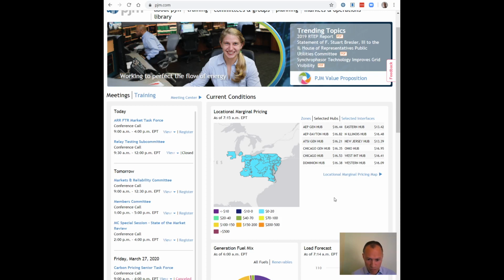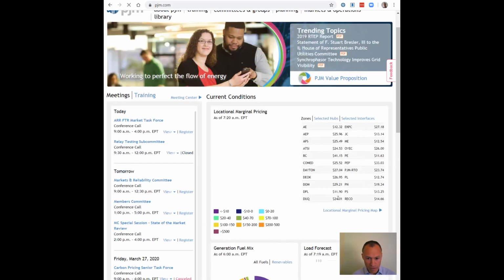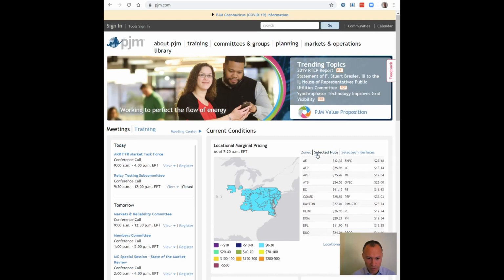Since you are seeing my browser, I was just talking about prices moving, and oh, the perfect example. These are the advantages and disadvantages of doing this in real time. Western Hub price, this was the price we were just looking at. Now it's 25.30. Let me write that in my Excel sheet here.